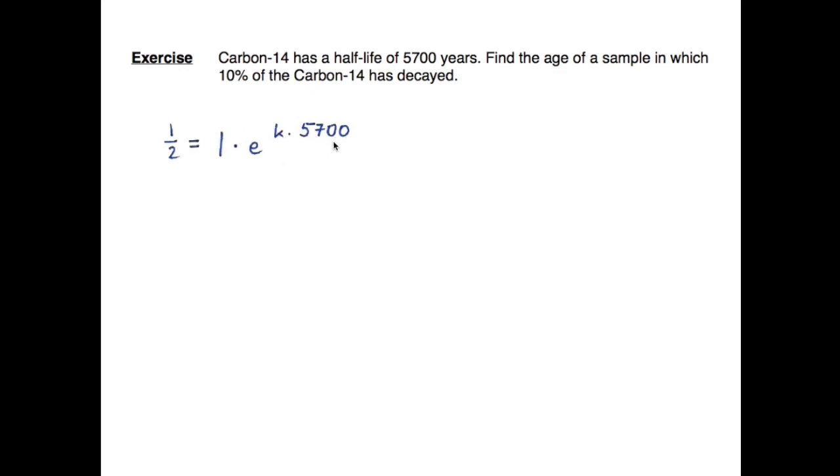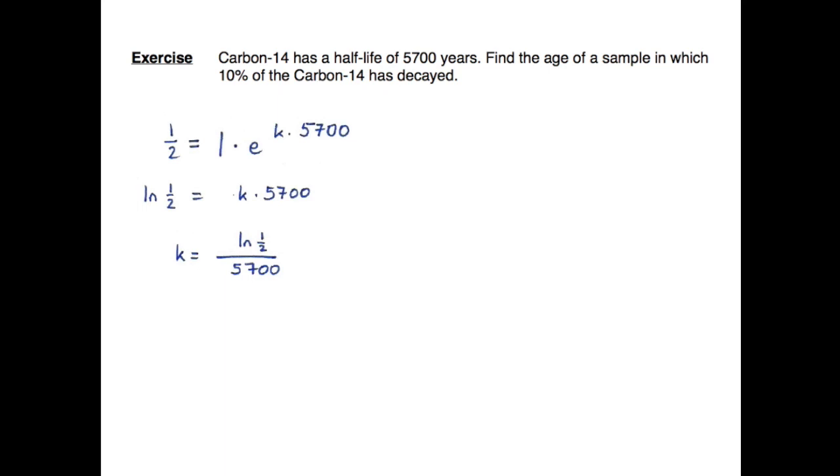So after 5,700 years, we will be left with half a unit, half of what we had originally. Solving this equation for k, we can ignore this 1, of course, so it's ln of 1/2 equals k times 5,700, and therefore k equals ln of 1/2 over 5,700.